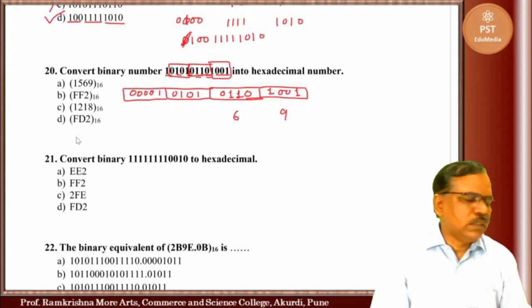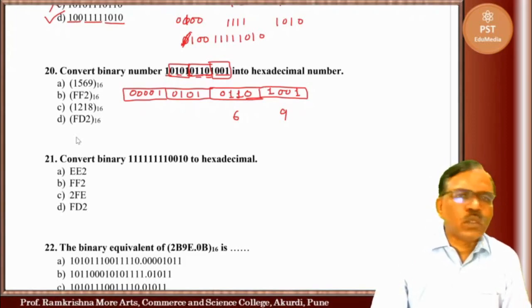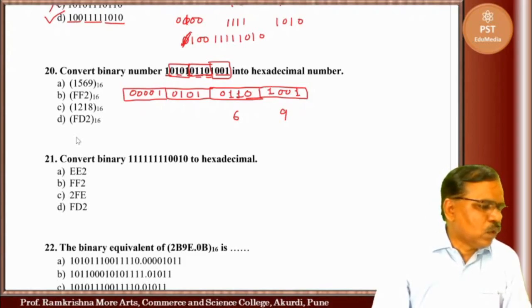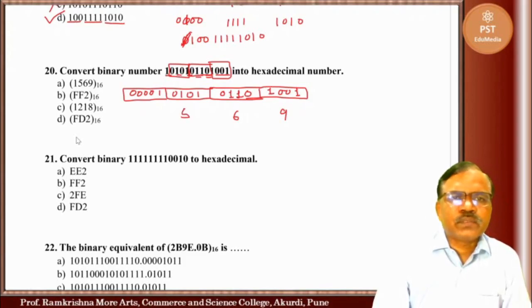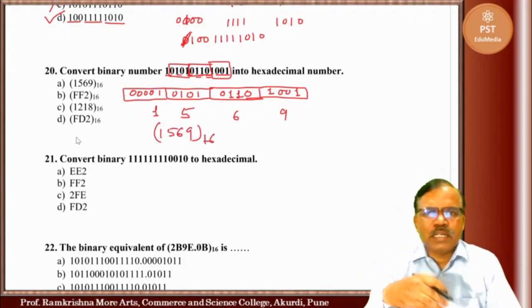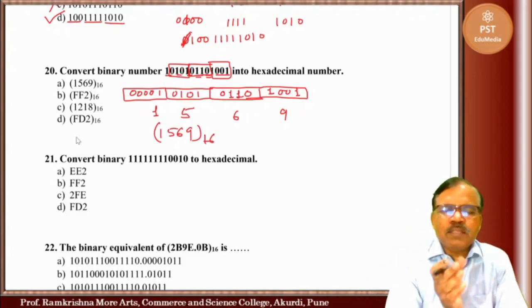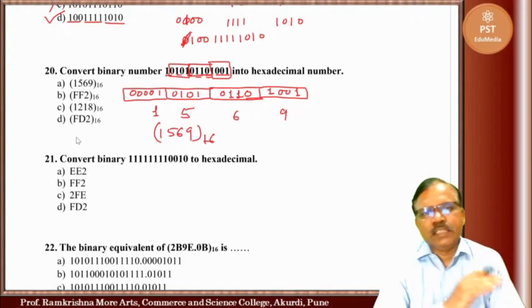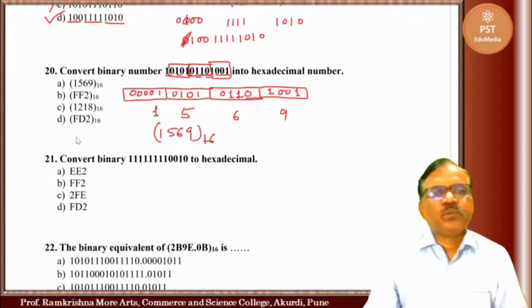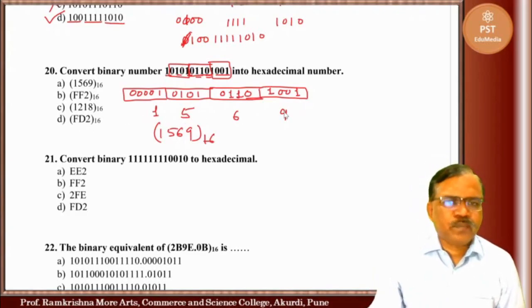Now 0101, this is 5 and this is 1. So it is 1569 to the base 16. So when binary number is given, group into 4 bits. If there are fewer bits, then give leading zeros here. So here 1569, it is the number.